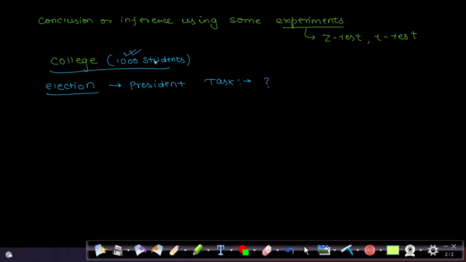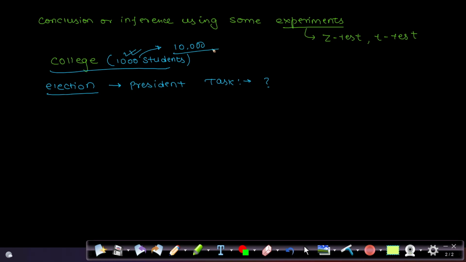But it is not practical to go to every student and ask them about the election. You may say that with 1000 students it is possible. But let's suppose in place of 1000 students there are 10,000 students.